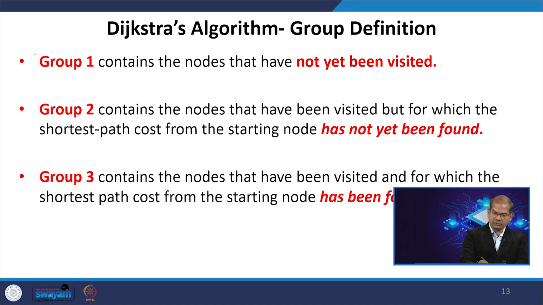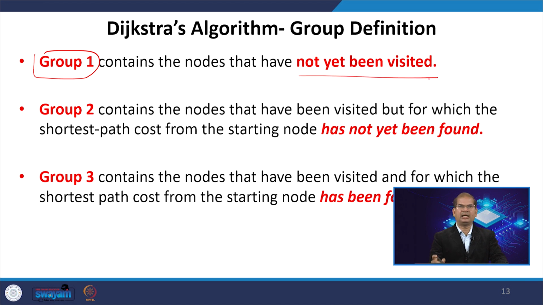In case of group 1, it is the nodes which have not been visited, which happens at the initial time. Then we will take one node at a time to do the processing. Group 2 will contain the nodes which have been visited, but we do not know the shortest path from the starting node for that node.